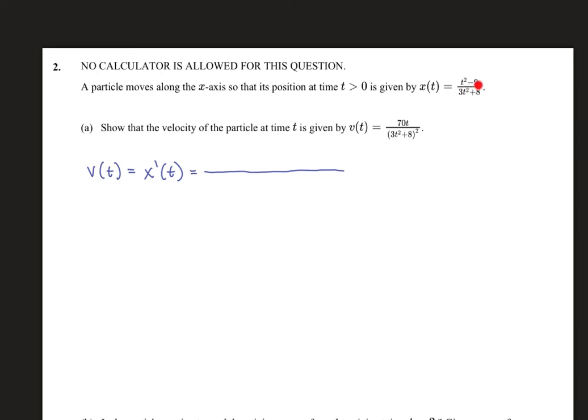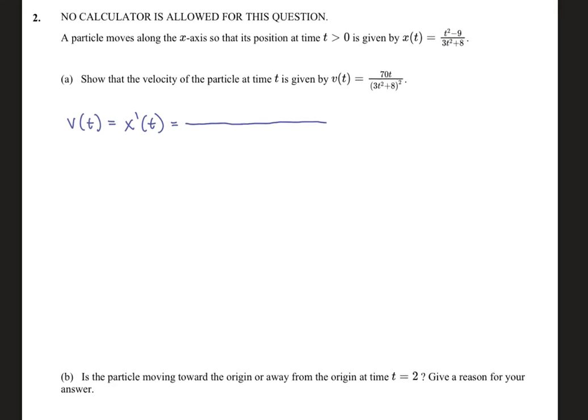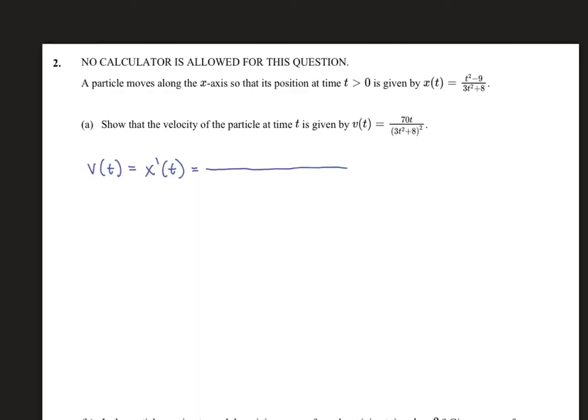So the derivative of the top is 2t, because the minus 9 goes to 0. 2t, and then just times the bottom. Minus, and then rewrite the top, and times the derivative of the bottom, 6t. And then all over the bottom squared.